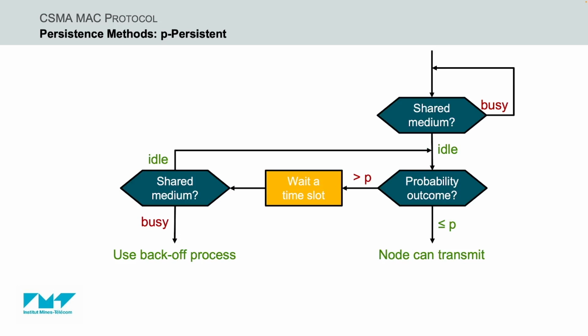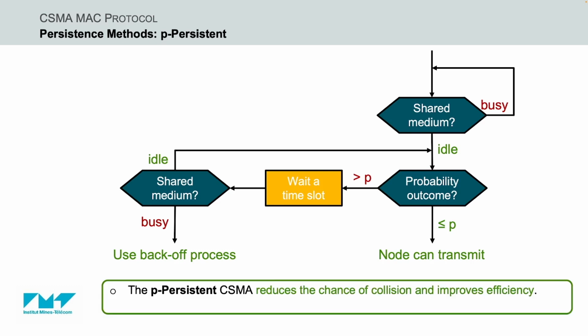The transmitting node continuously senses the shared transmission medium. If it is idle, it transmits with probability p and delays for a time slot with probability 1 minus p. In the following slot, if the medium is idle, it repeats the whole logic cycle again. If it is busy, it uses the back-off process.